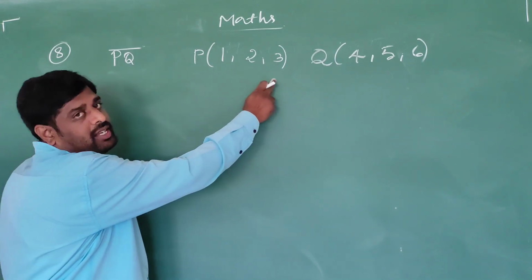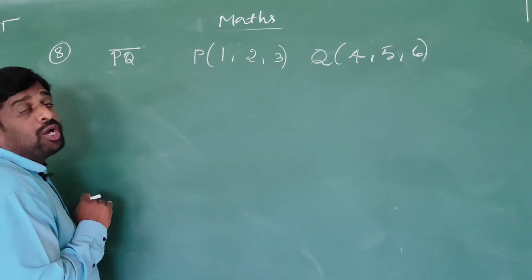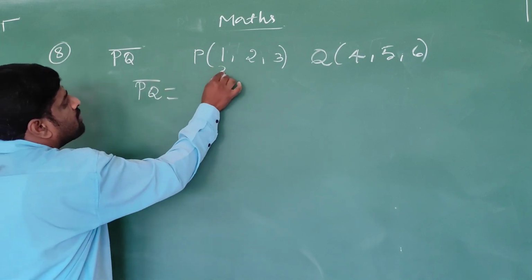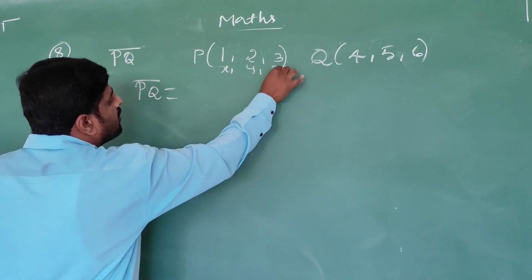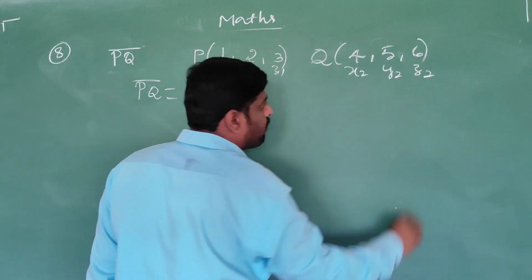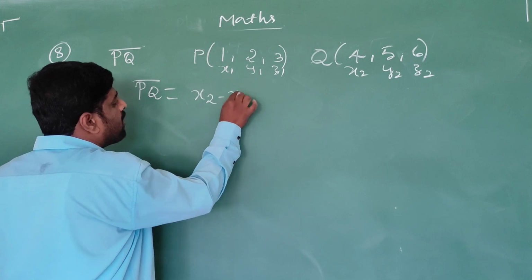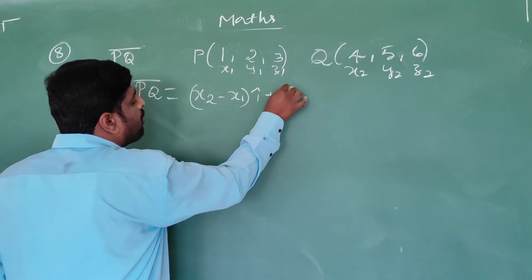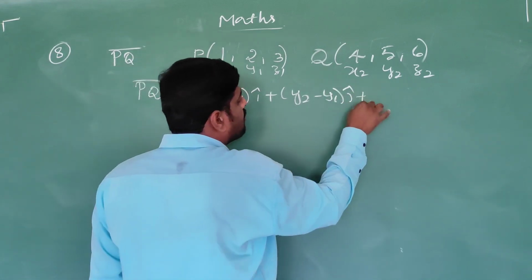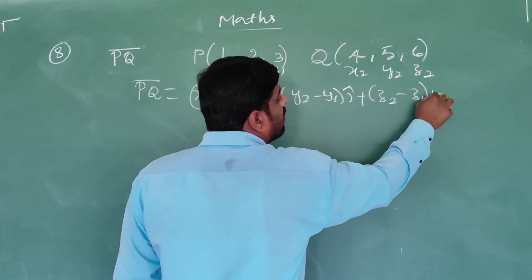Here the P point is given, the Q point is given. So first I want to find PQ bar. This is x1 y1 z1, x2 y2 z2. So what is the vector joining 2 points formula? That is x2 minus x1 i cap plus y2 minus y1 j cap plus z2 minus z1 k cap.